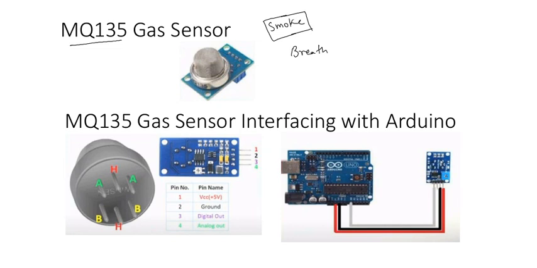When you blow your breath on the mask of this sensor, something will change, right? We'll study what will change inside this sensor, but some property is going to change, which will allow detection of which gas has been imposed on this mask.